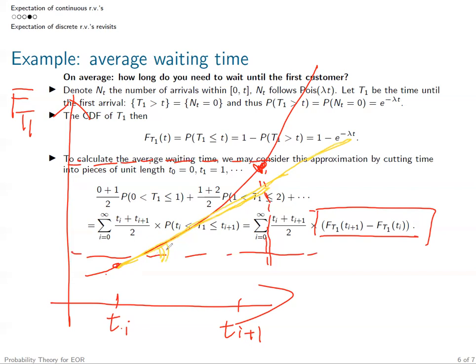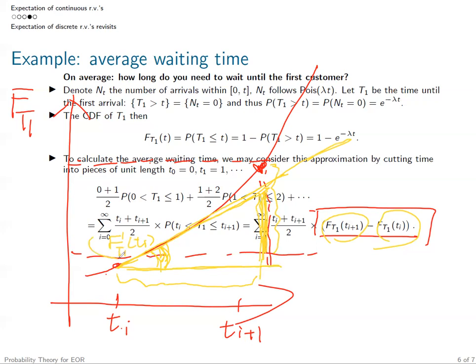note here the difference between these two function values is roughly the tangent value of this angle times the length, the interval t_i plus 1 minus t_i, right? And we know the derivative of the F_T1 function evaluated at t_i is equal to the tangent value of this angle.